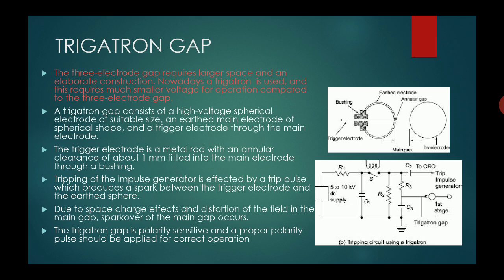The trigatron gap is polarity sensitive and a proper polarity pulse should be applied for correct operation. So, the trigatron gap is a newer gap that controls the sparking. Previously the 3 electrode system was used. Now, the trigatron is a much more compact form.